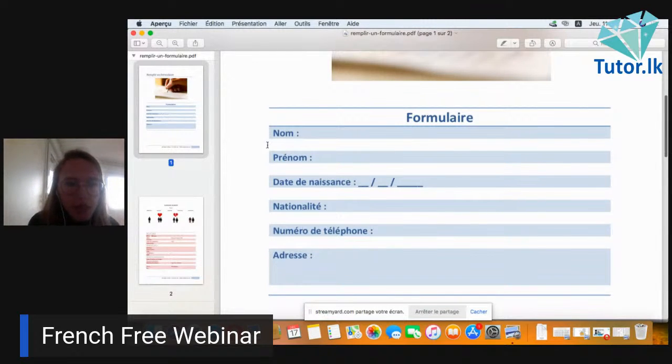As I showed you at the beginning, nom de famille is your surname, prénom your name, date de naissance, date of birth, nationalité, numéro de téléphone, your phone number, and adresse is address.